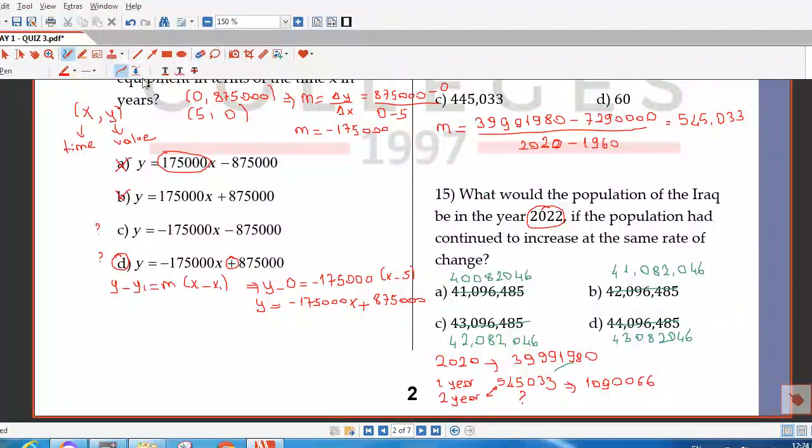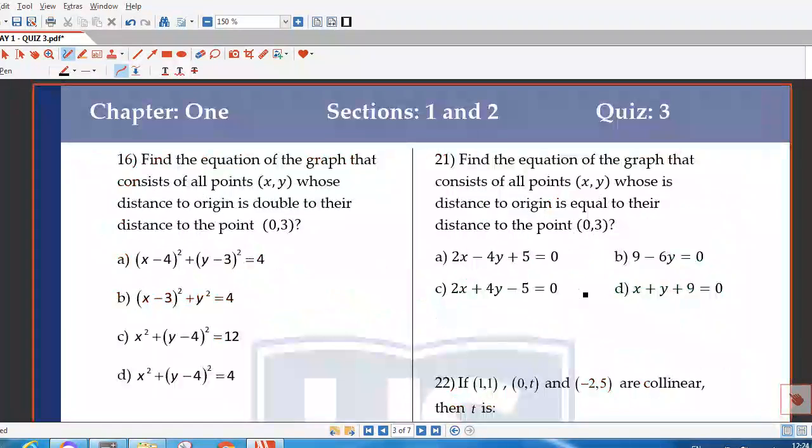And if we add the population in the year 2020 and this increment, I mean if I take the sum of this and this, the summation is going to be 41,082,046. Answer is going to be B.